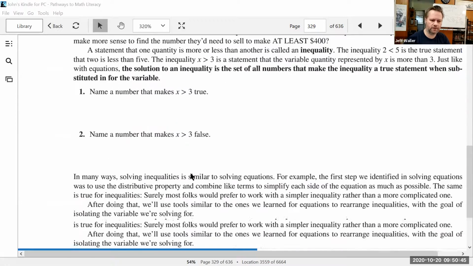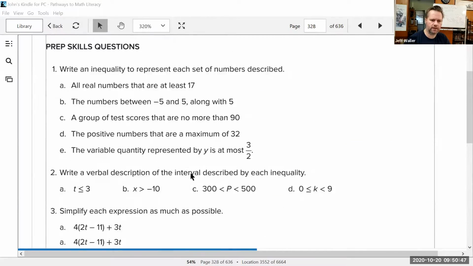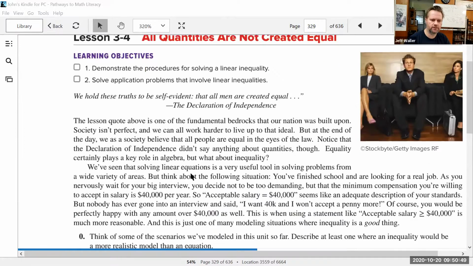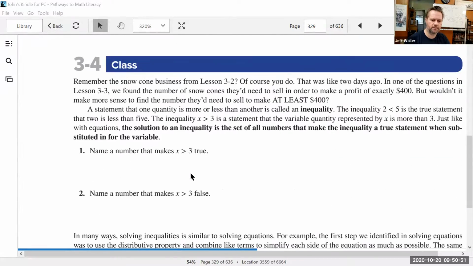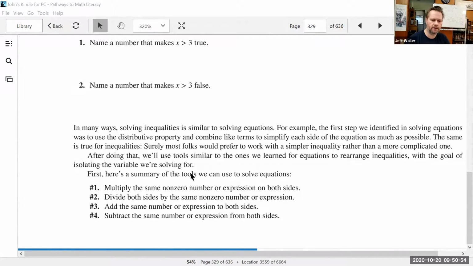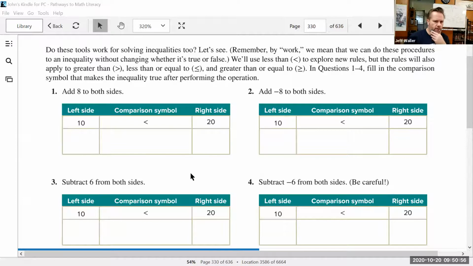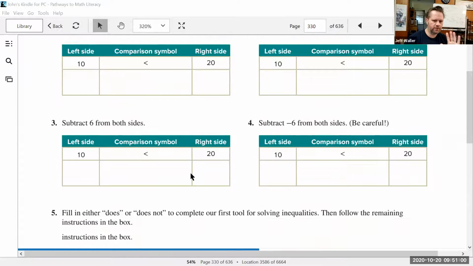All right, let me see where they're going to go. Oh, I see where they're going with this. Okay, I like this. Sorry, I don't want to skip something here. All right, this is crazy. Let's see. Here they're just trying to show you. Okay, let me jump to the chase.